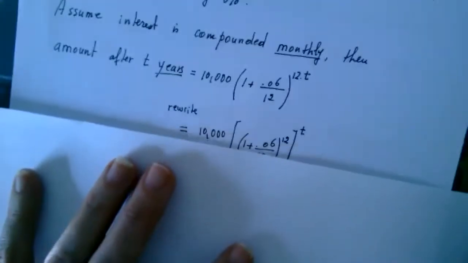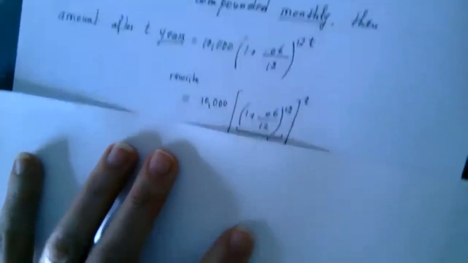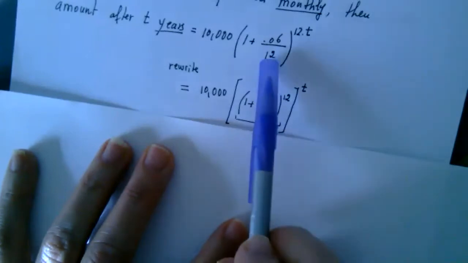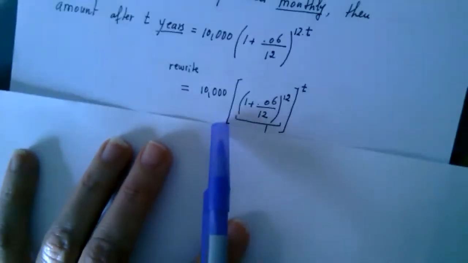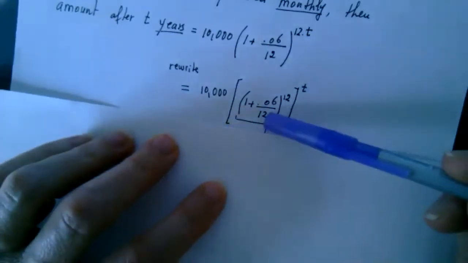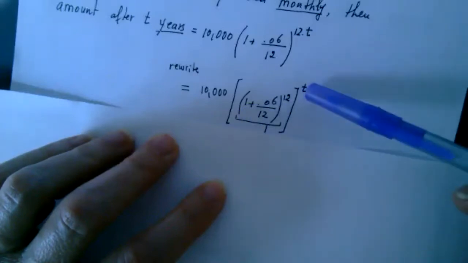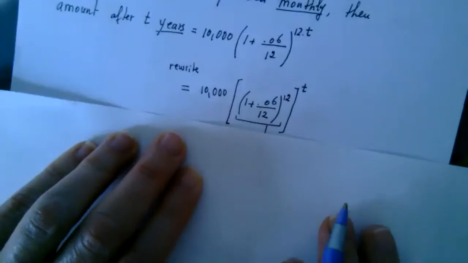And I'm going to play a game that you're going to hate, but you should get used to it. I'm going to rewrite this expression in the form 10,000 times 1 plus 0.06 over 12 to the power 12, the whole thing raised to the power t. I know that you don't like that, but is it correct mathematically? What do you think?